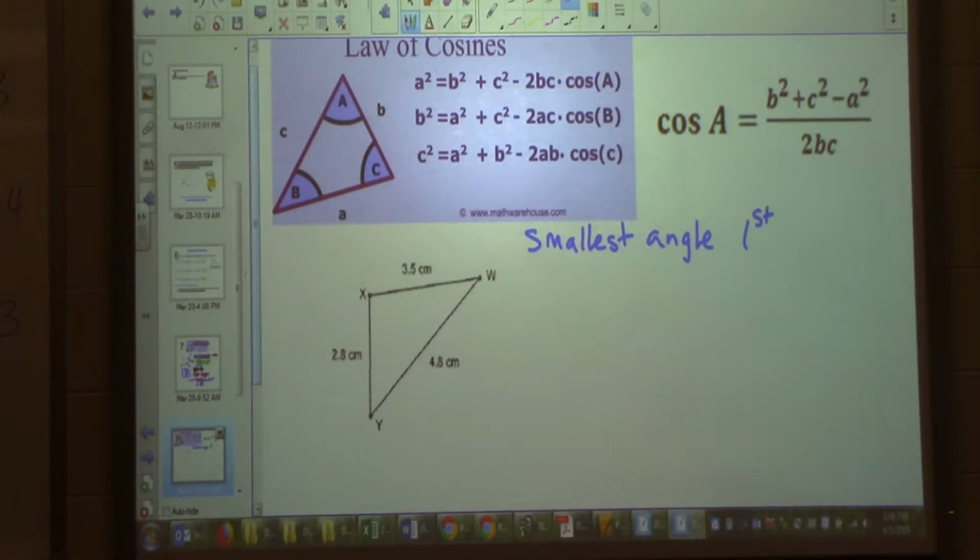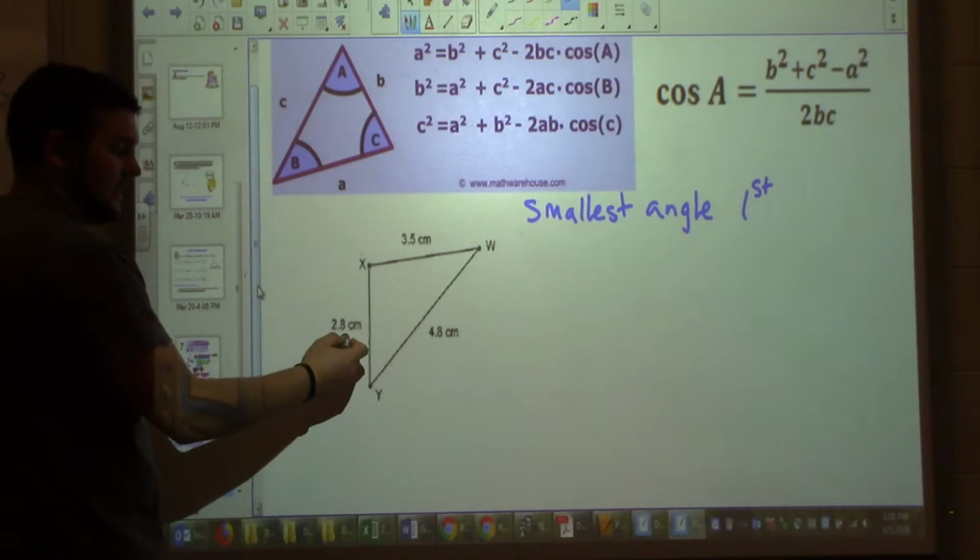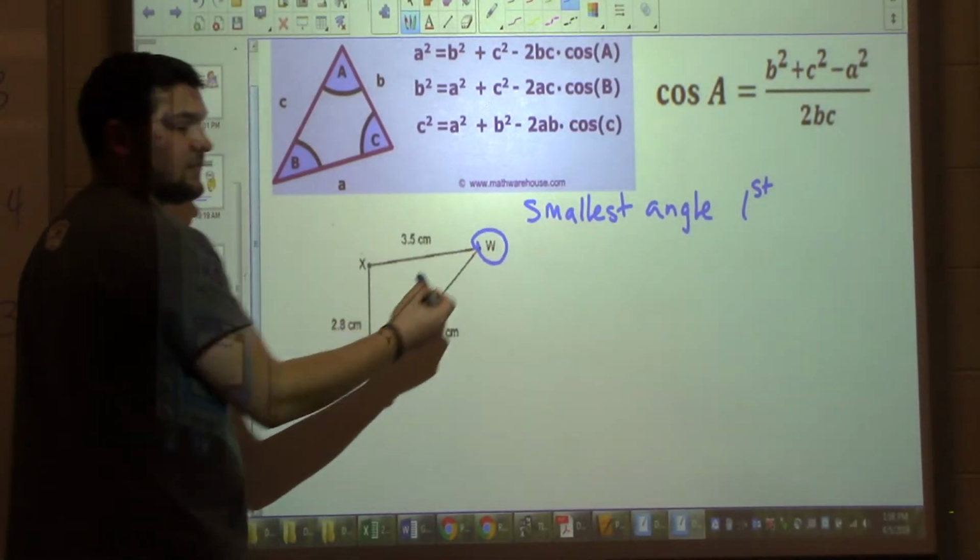Where the two longest sides connect, or the one that's across from the smallest side, right? So yeah, Colton, where the two longer ones connect, or the one that's across from the smallest side. So I'm going to find this angle right here first.